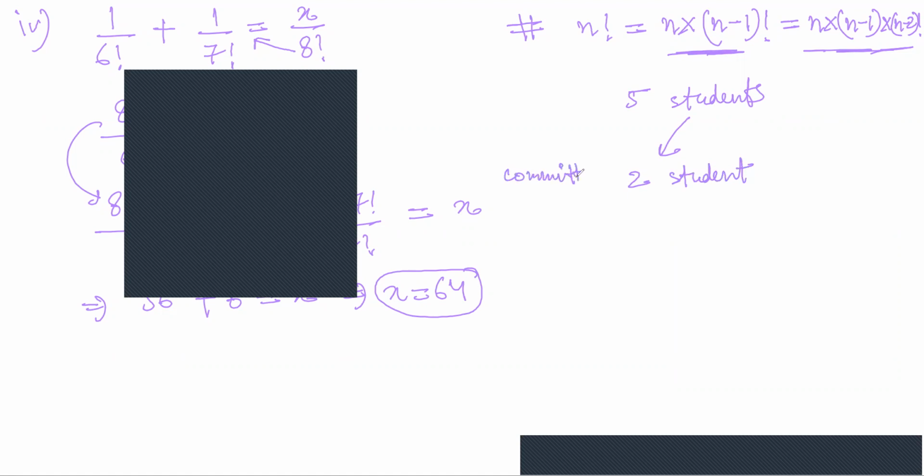I am forming a group or committee of 2 students. Right. Now, in how many ways can I choose these 2 students? Like how many different groups are there.